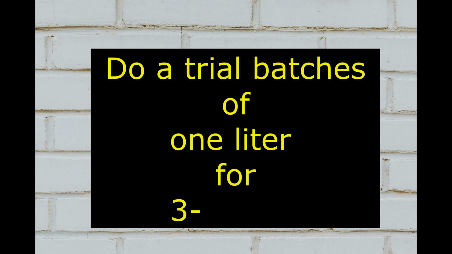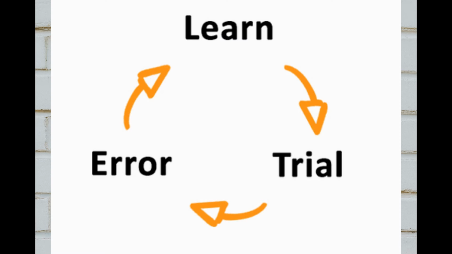Whether you are using the same formula as such or doing any modifications or converting this formula into another one, whatever it is, do a trial batch of 1 liter at least 3 to 4 times. Each and every time we need to learn the process, observe carefully, and ensure the quality.